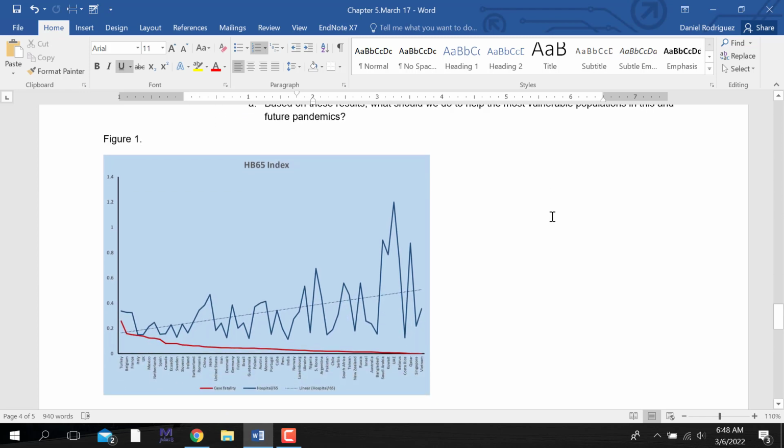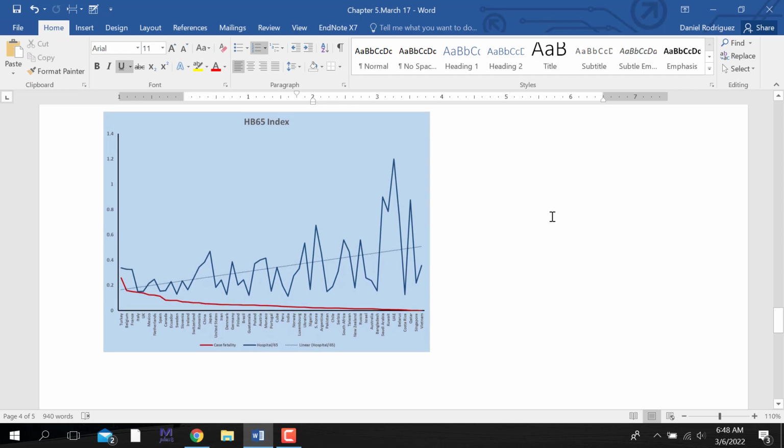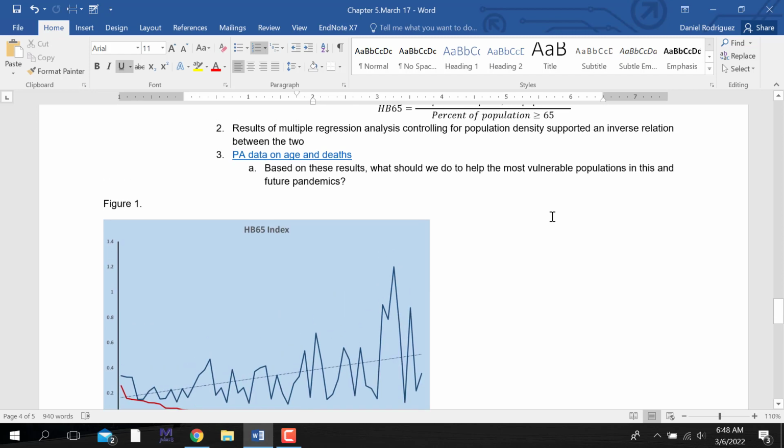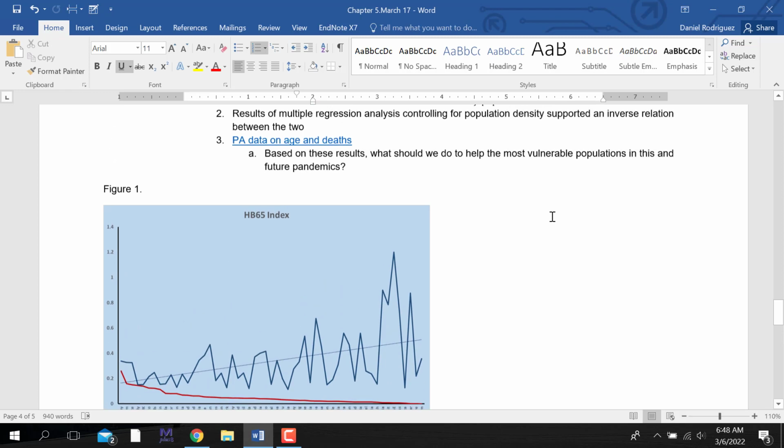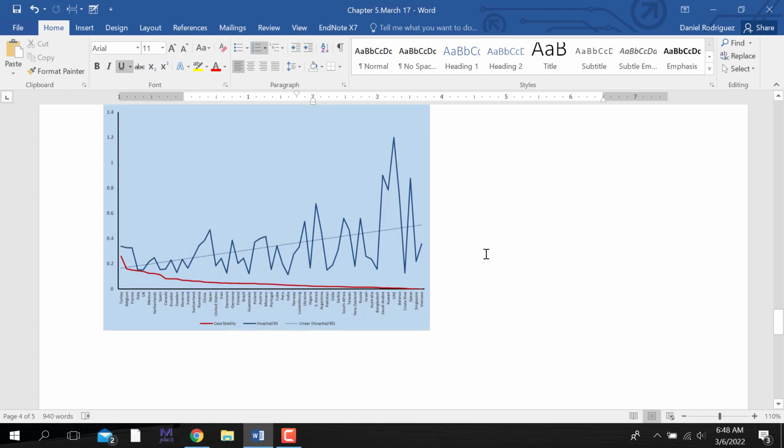This was some point last year. I can't remember the exact date, but I looked at these data, and here you'll notice these are the hospital beds per 1,000 per 65, or the HB65 index. Some countries like the United Arab Emirates, which is quite a wealthy country, have a lot of hospital beds per 1,000 for individuals that age.